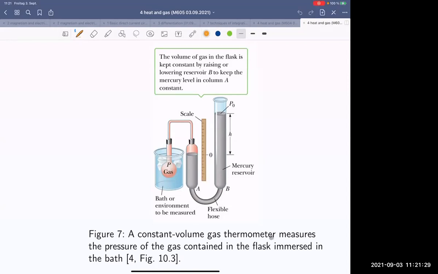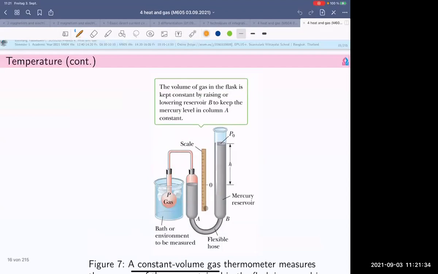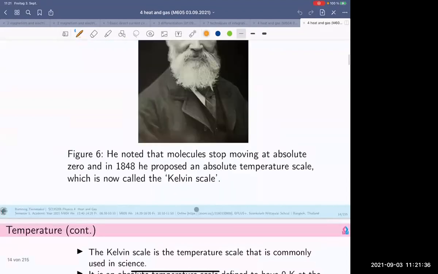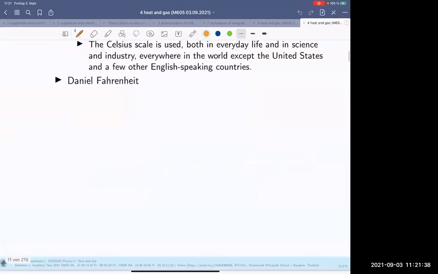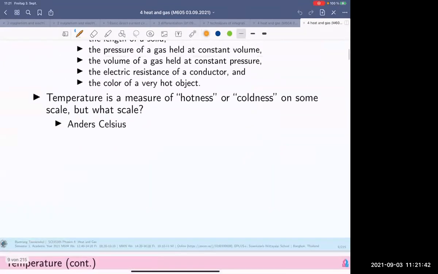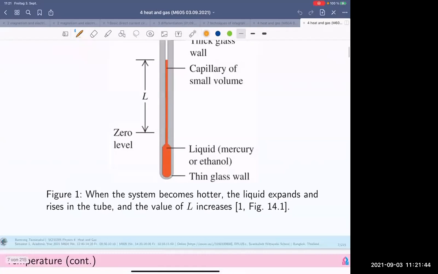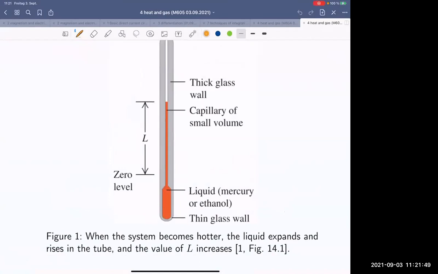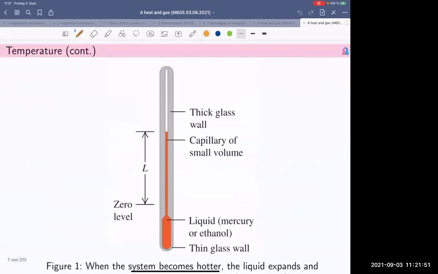to keep the mercury level in column A constant. This is another constant volume gas thermometer. It's not the thermometer like this one. The thermometer that uses liquid expansion is the one you may find in a hospital or any health center, even in the COVID pandemic situation.